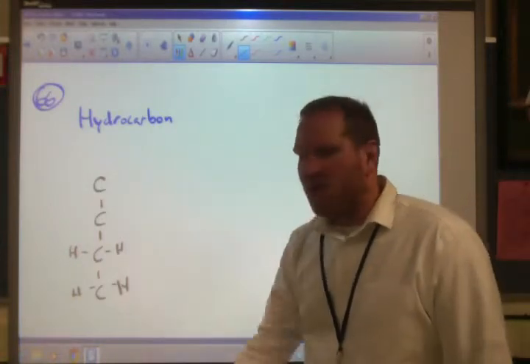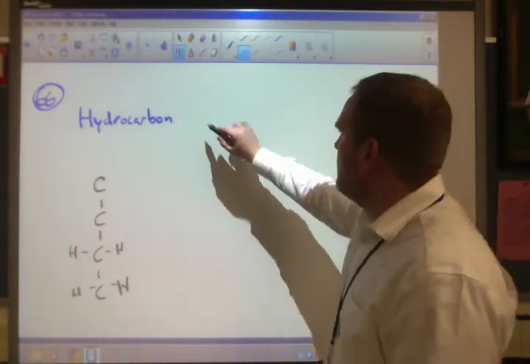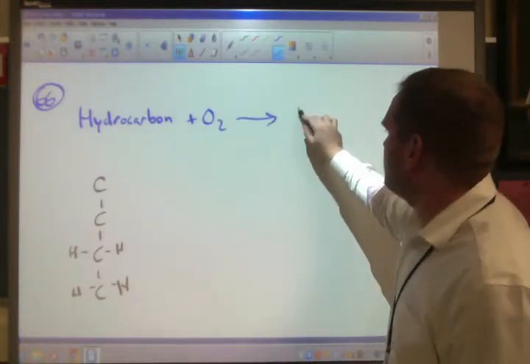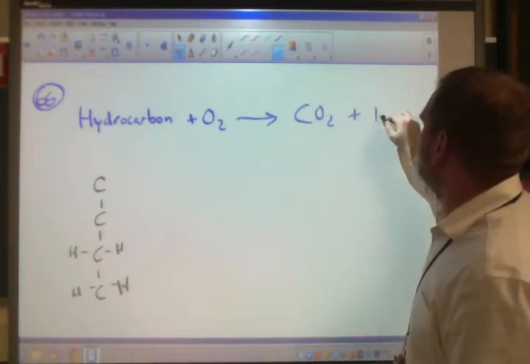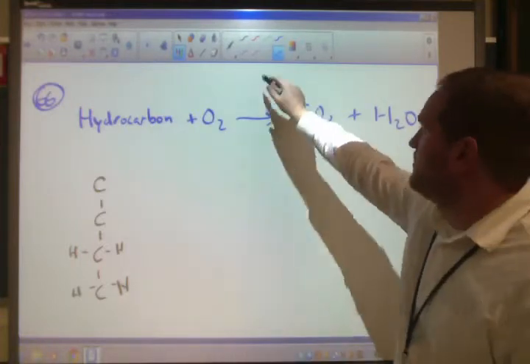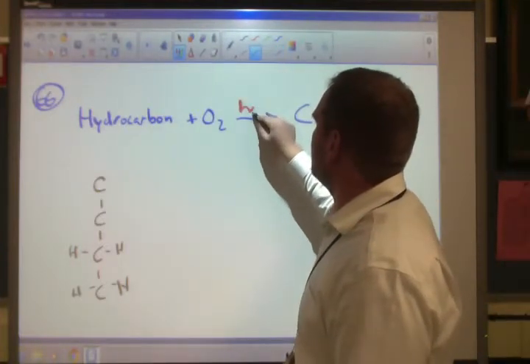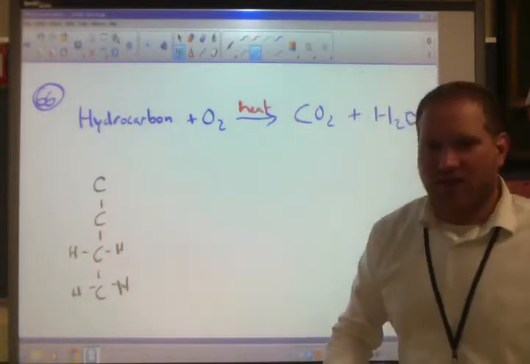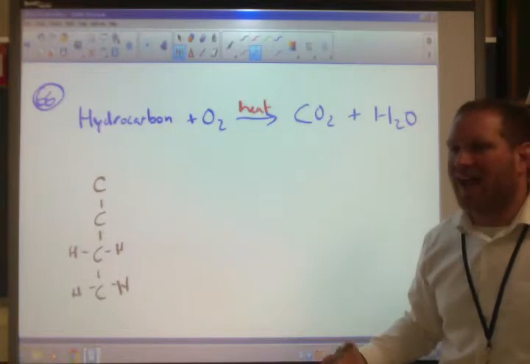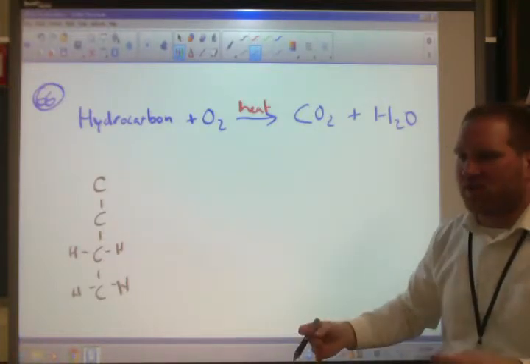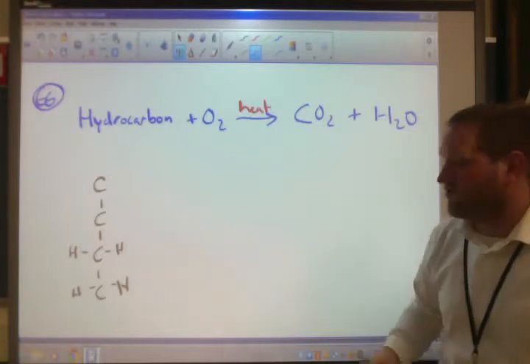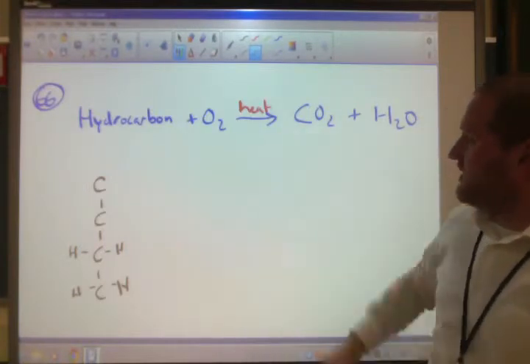So carbon, carbon, carbon, carbon with tons of hydrogens, plus O2 yields CO2 plus H2O. Now the idea behind this is you do need to put a little bit of heat into it. A hydrocarbon is like wood or oil or gas. If they're just sitting there, they're not just going to spontaneously combust. But if you give them a little bit of heat, they will.